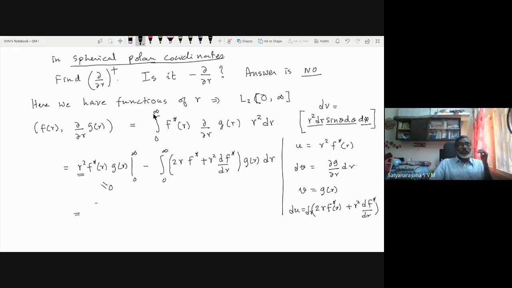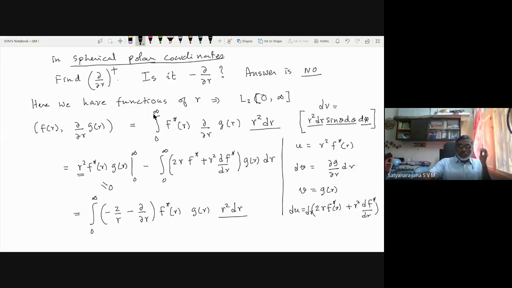So that is equal to integral 0 to infinity, I pull out an r square, then I have minus 2 by r minus dou by dou r acting on f star of r, into g of r, r square dr. I have to keep this measure the same as the measure here.